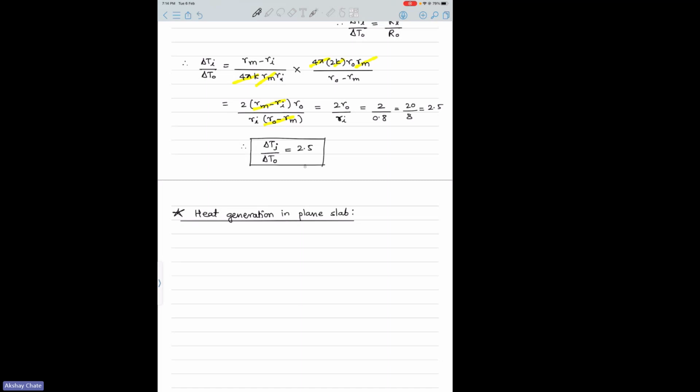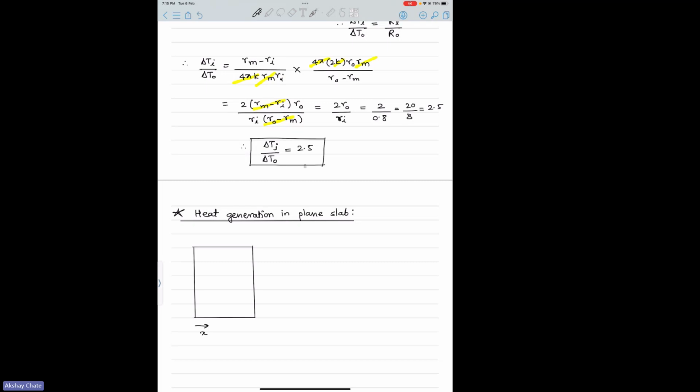We studied this in the previous class also. There are many cases here, but typically two of them are asked or expected from you. Let's say this is your domain and this is your x direction.